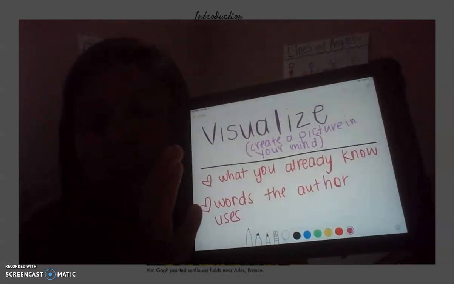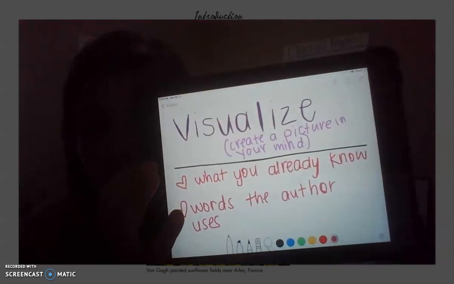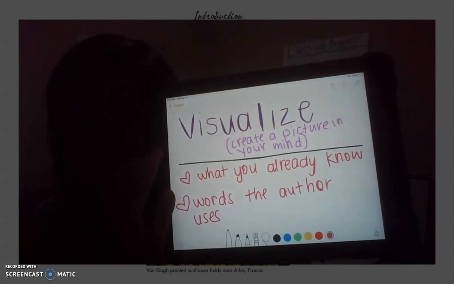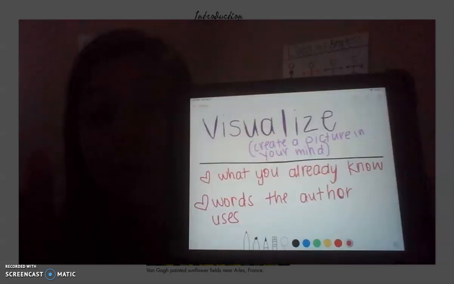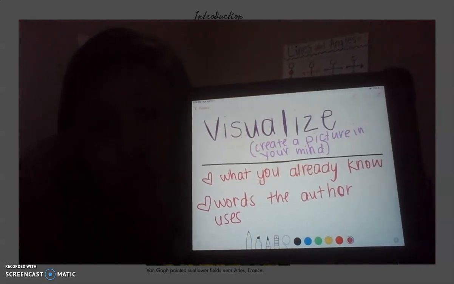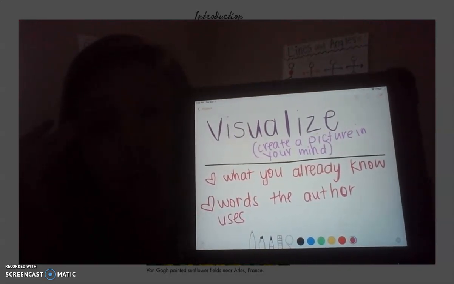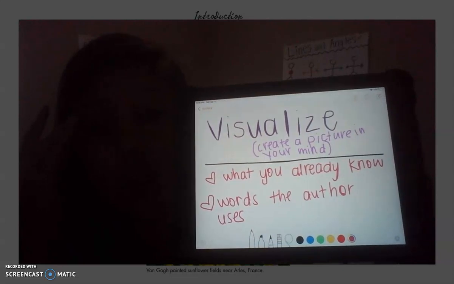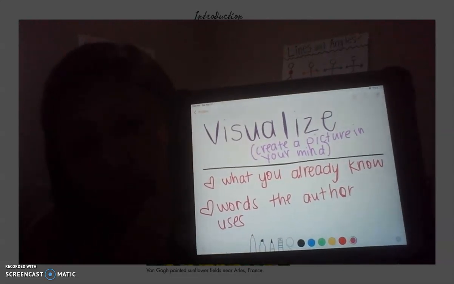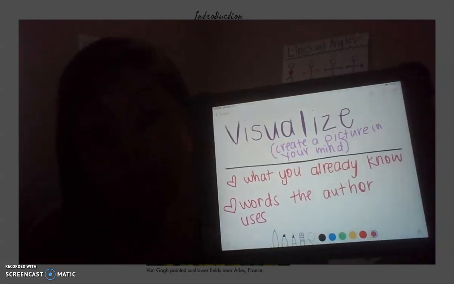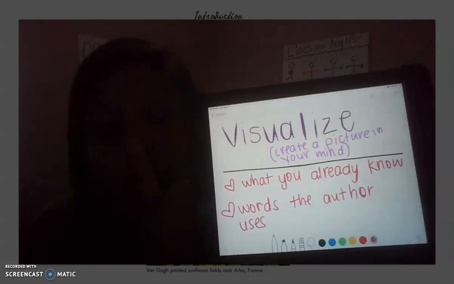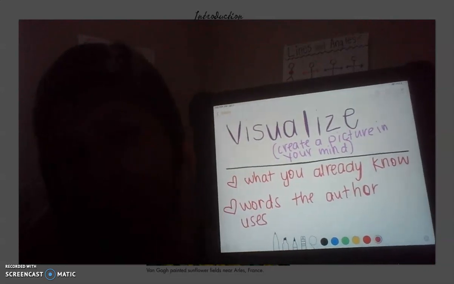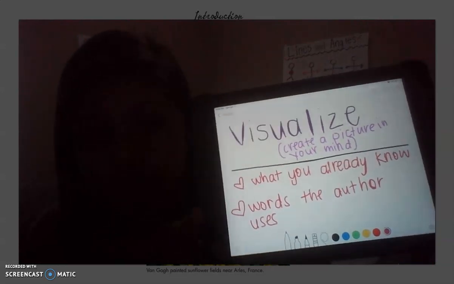When you are visualizing, you're going to visualize what you already know, and then you're going to use the author's words to help you visualize whatever you need to understand what you're reading. This part is very important to be able to do before we start making inferences later. Again, this week we are focusing on how to visualize the author's text.